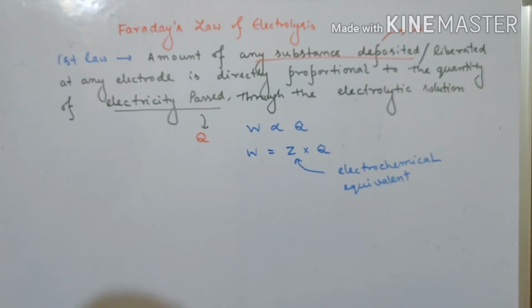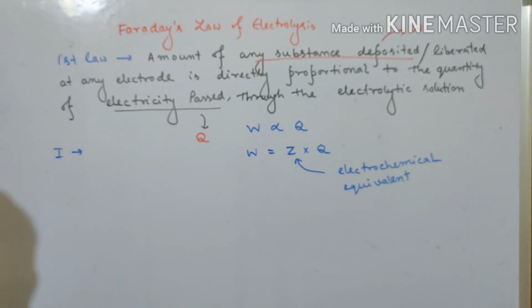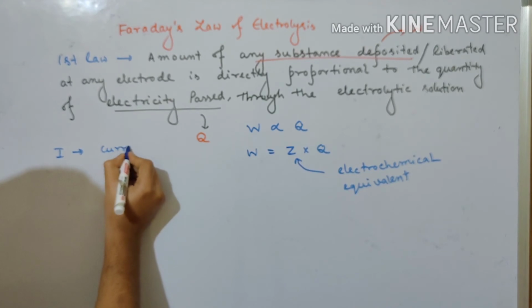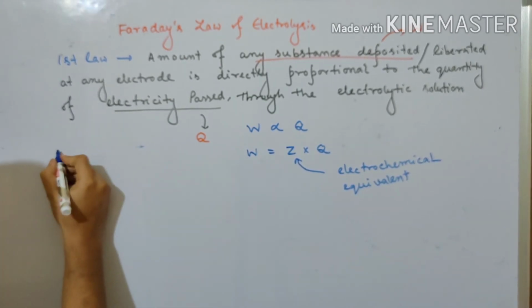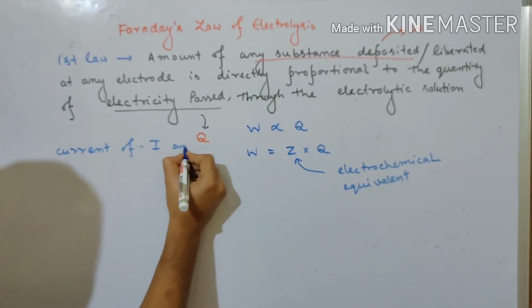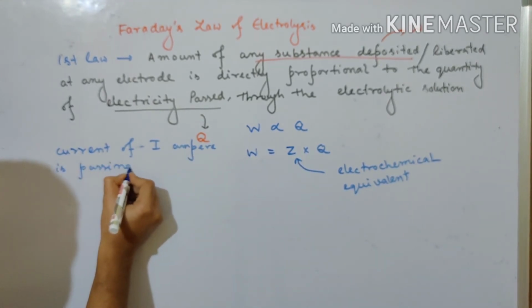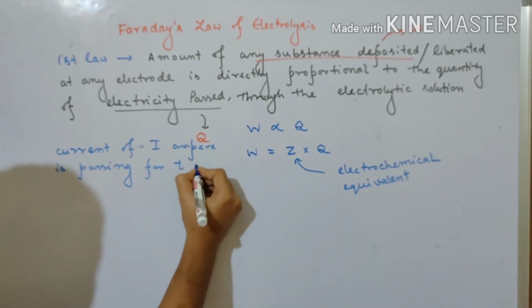Let us understand what is Q. Q is the quantity of electricity passed. Suppose, if we define in a particular case that a current of I amperes is passing for t seconds.